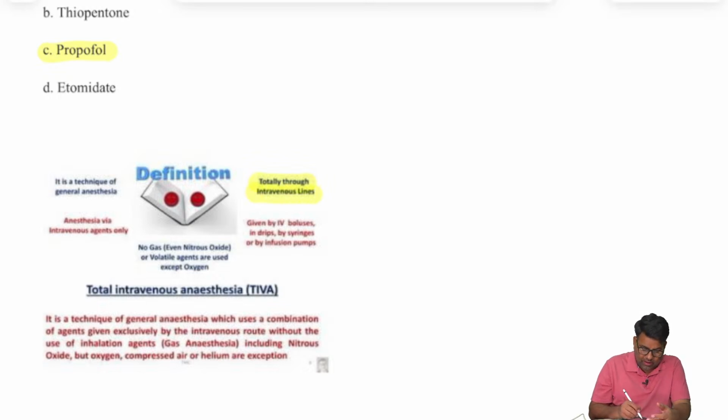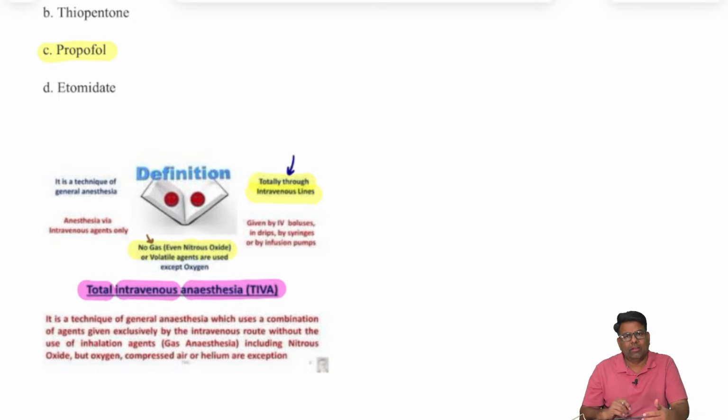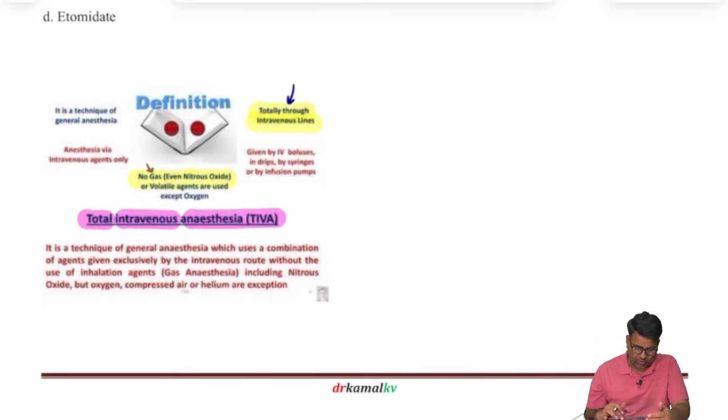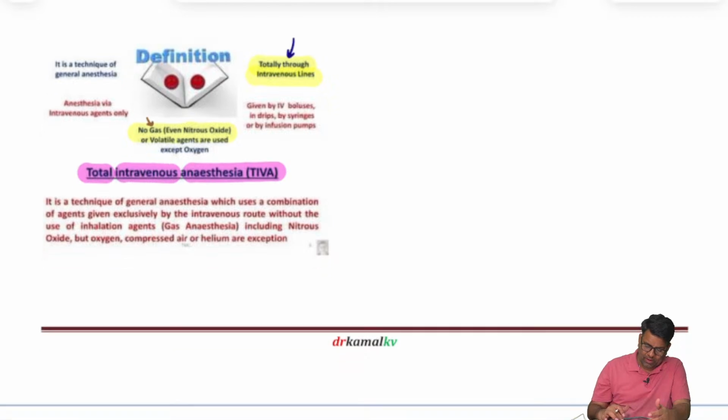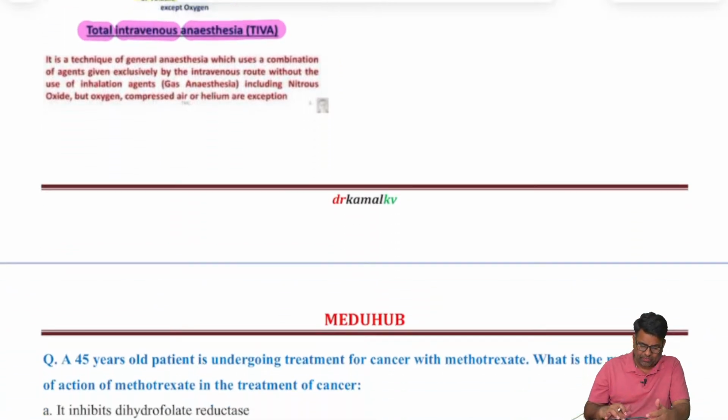There is no use of gas, even nitrous oxide, except oxygen, right? So gases are not used. The anesthetic agent is given through the IV line only. So this is the concept of total intravenous anesthesia. No use of gases except oxygen.